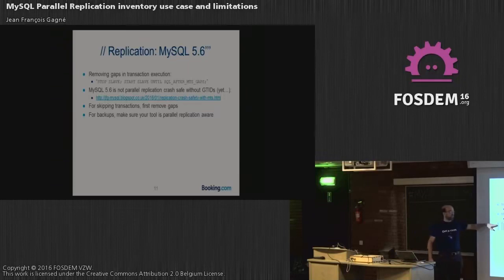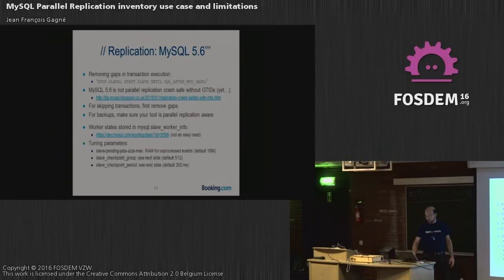For skipping transactions, first remove gaps and go back to single-threaded replication if you want to make sure that you know which transaction you're skipping. And for backups, read the documentation of your backup tool. If you want to know where those gaps are stored, you can go into that table. There's no documentation, there's only the design of parallel replication. It's quite a hard read.